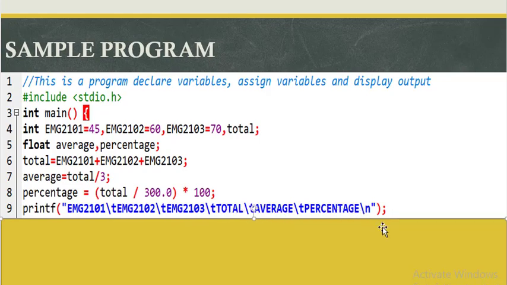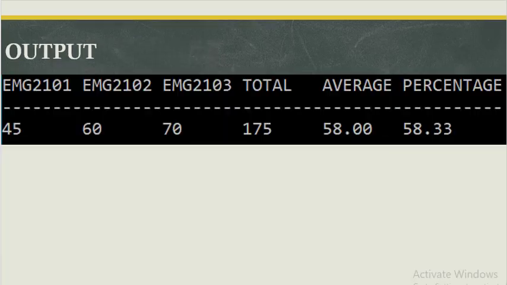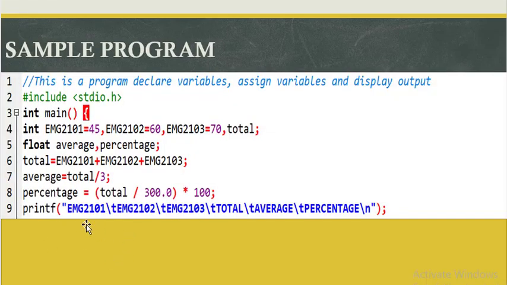Let me first of all show you how the output looks, and then we can explain how that is achieved. So this is what I'm talking about, the headings being displayed, and we would want the corresponding marks to be displayed beneath them. So how do we achieve that? We use the printf. Remember, when you put a printf, everything that is within the double quotes is displayed as it is.